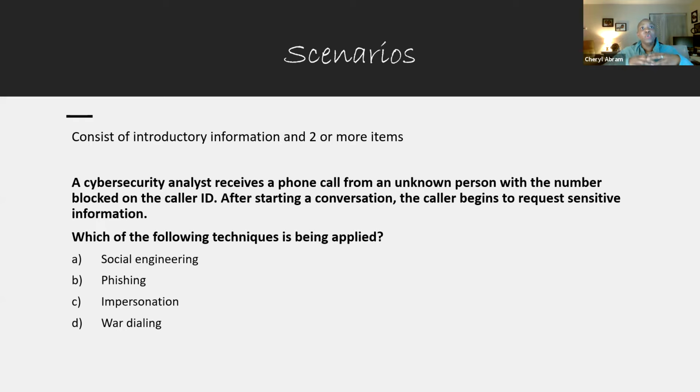You want to find the broadest one, the one that will encompass the other ones. If this is right and that could be right, one of those is an umbrella that the other ones come under. For this one, it is social engineering. Social engineering can be an umbrella that some of the other ones will fall under.